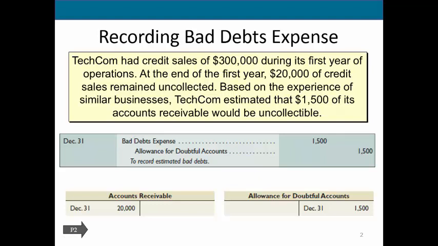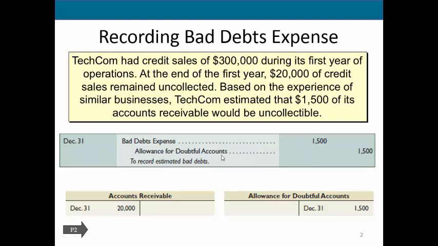Now in this case, remember that we are going to be recording these bad debt expenses before we actually know exactly which accounts we're not going to get paid on. So we can't mark down our account receivable because we don't know which receivable we're not going to get.